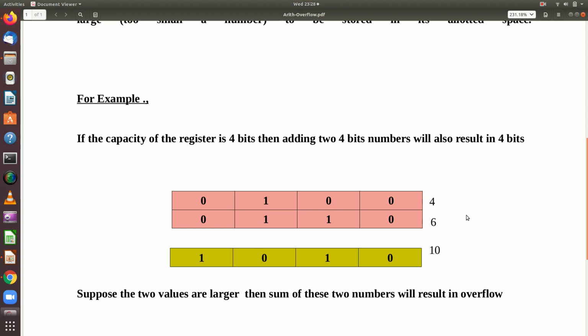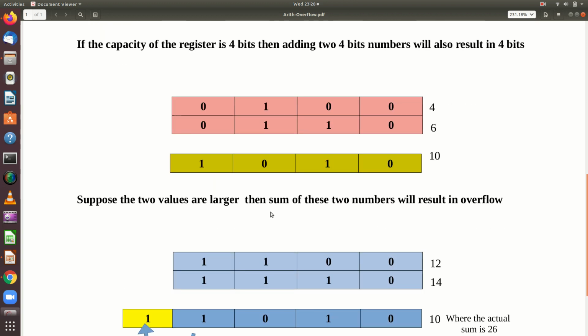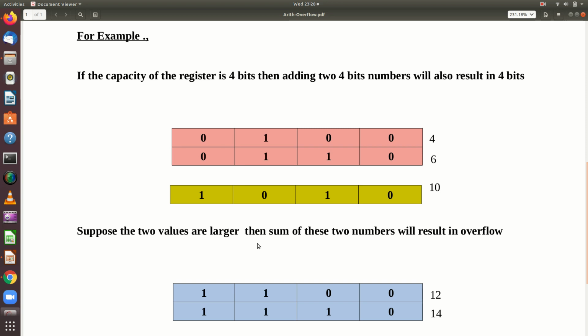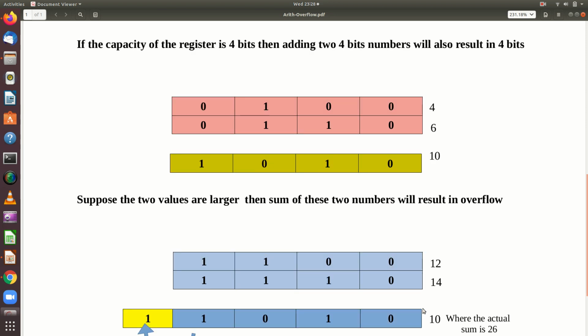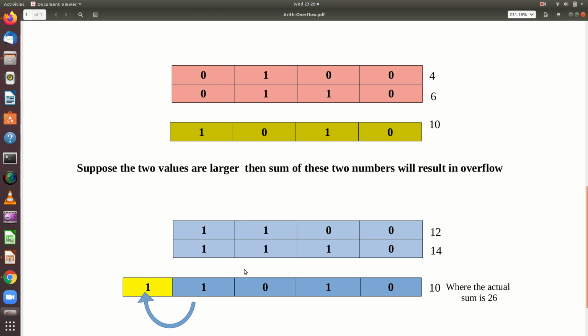Now, suppose for example, the value is larger. That means I am going to have larger values in these 4 bits. Number 1 is 1100, which is equivalent to 12 decimal. 1110 is equivalent to 14 decimal. When you add these two numbers, you can see this will be the result.